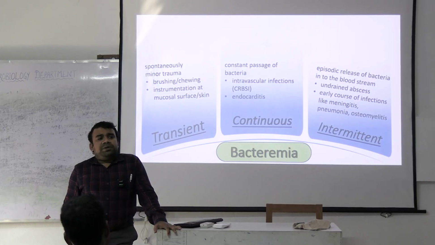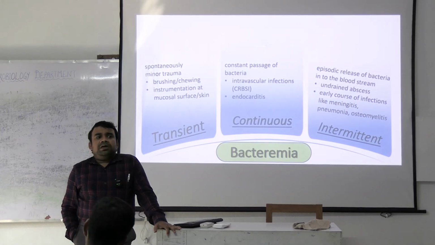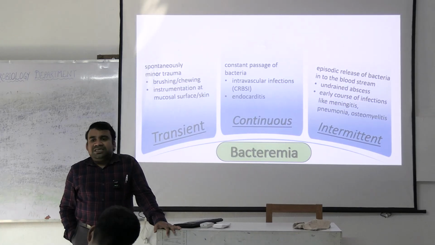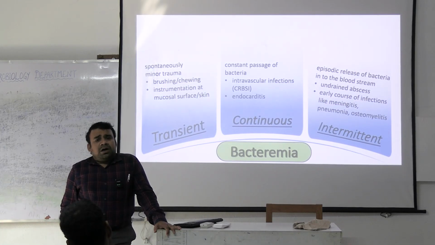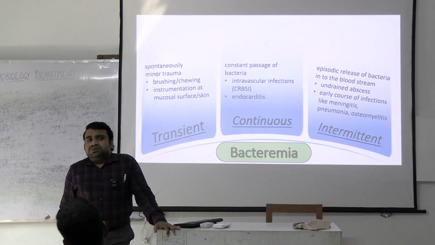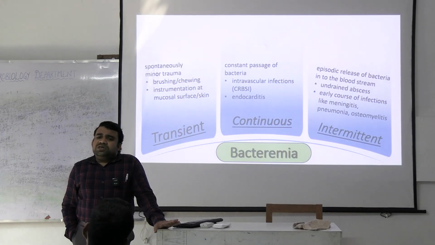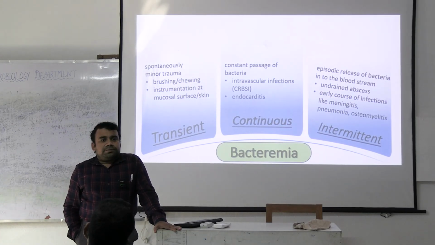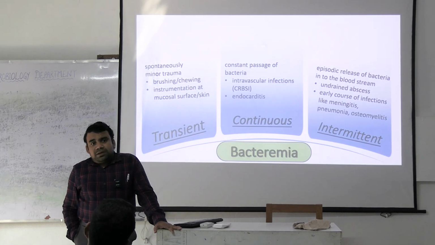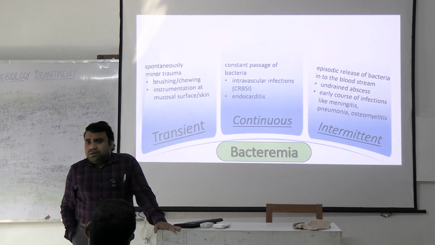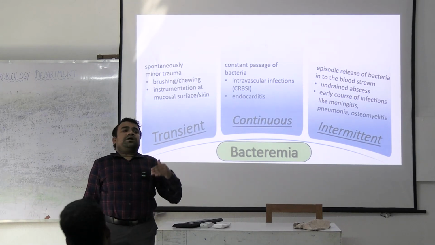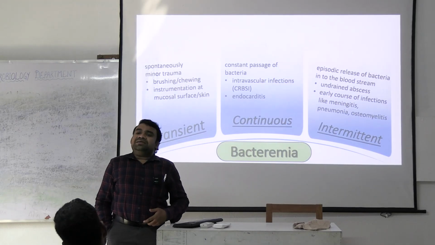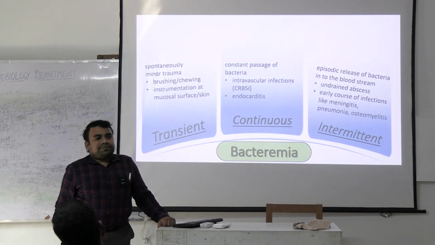Similar transient bacteremia can also be seen in hospitalized patients. For example, if a patient is hospitalized and is not taking food per oral, the gut microorganisms may translocate from the mucous membrane into the bloodstream. It could be transient, normal, but if the conditions get prolonged, it may become intermittent or continuous.